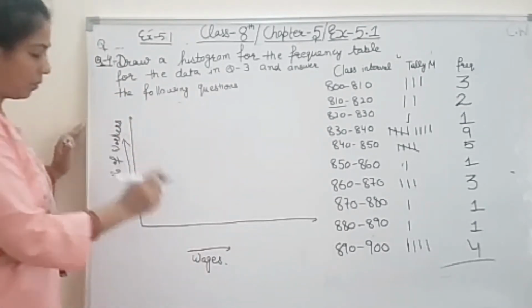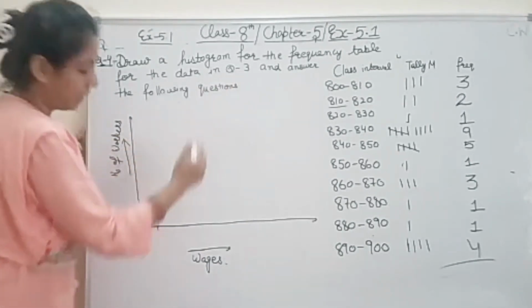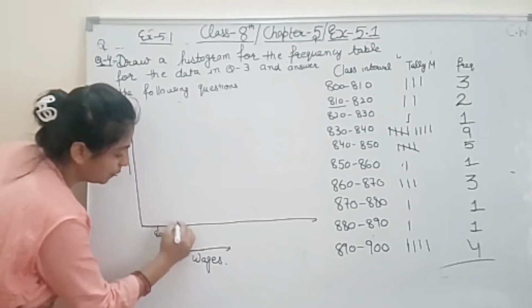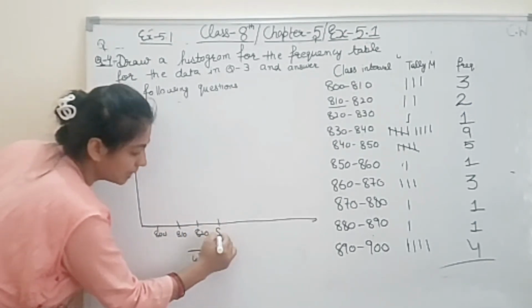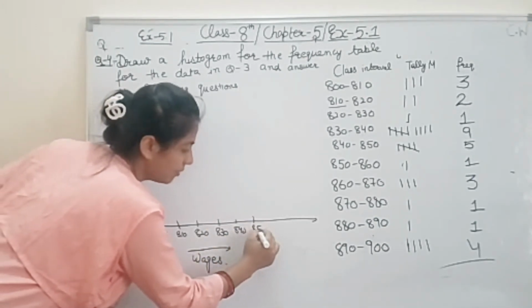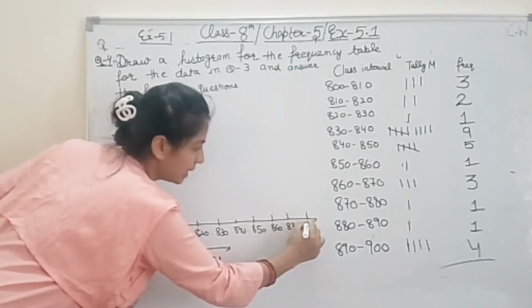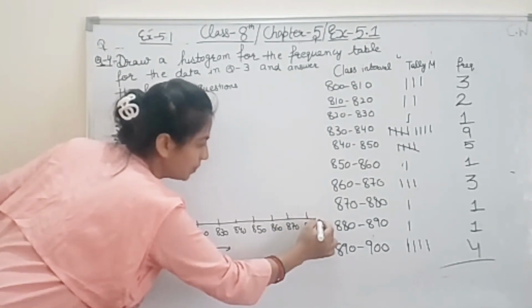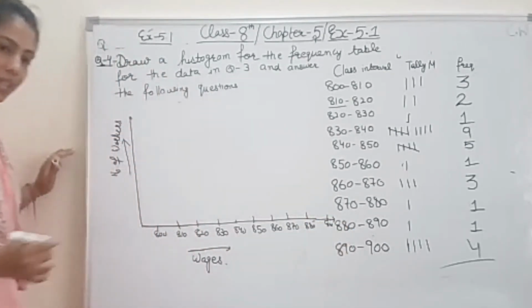Right, student? Now interval, what do we have to take? 800. So 800 to 810, 810 to 820, 820 to 830, 830 to 840, 840 to 850, 850 to 860, 860 to 870, 870 to 880, 880 to 890, 890 to 900. That's it. Right, student?